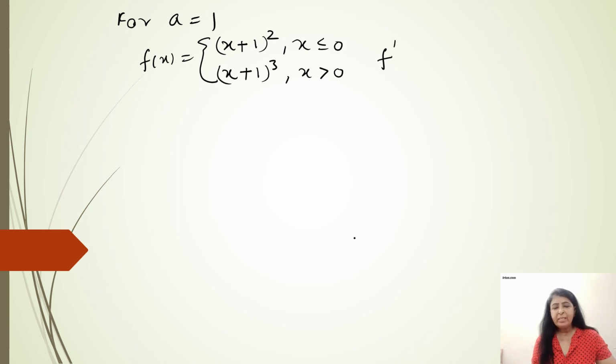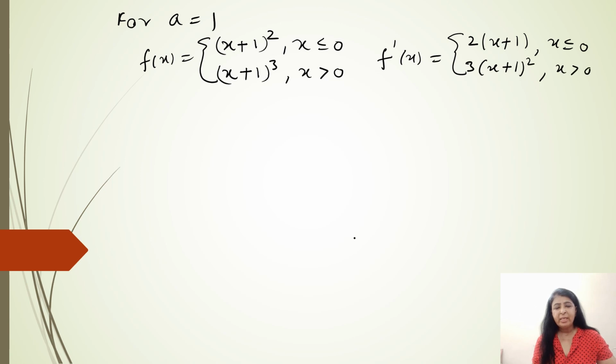So f dash x, what will it be? This will be 2(x plus 1) when x is less than or equal to 0, and this is 3(x plus 1) whole square when x is greater than 0.